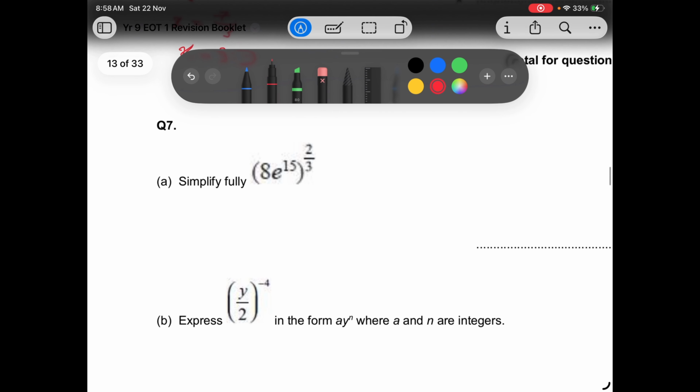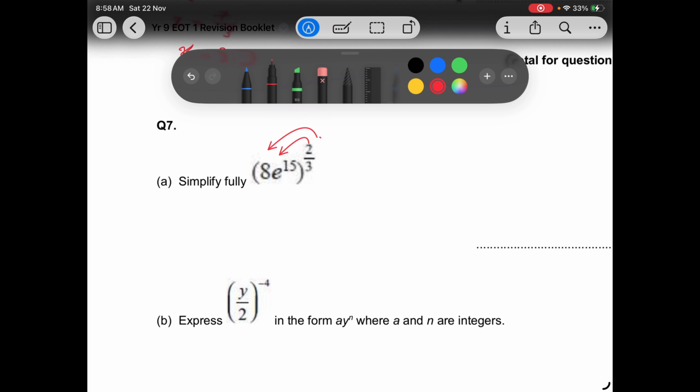Here, students, simplify. I have e, okay, then I have 8, sorry, then e to the 15, all to the power of 2 over 3. And you know, guys, this 2 over 3, the exponent, it's for both. It is for this here, and it is for this as well.